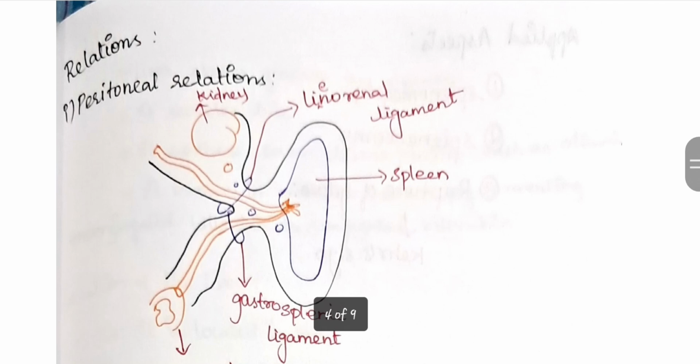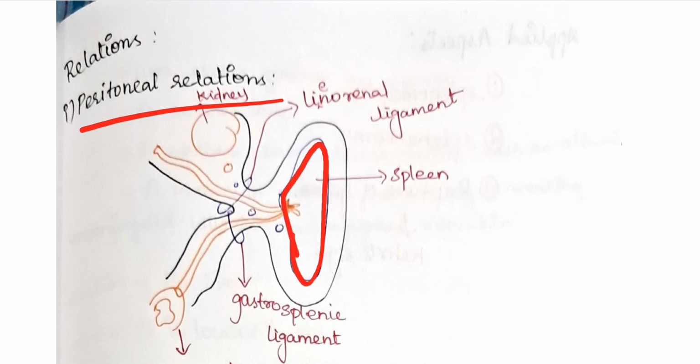Coming to the relations, we have to speak about 2 things: peritoneal relations and visceral relations. Coming to the peritoneal relations, this is the spleen. We have two ligaments around the spleen: the lienorenal ligament and the gastrosplenic ligament.